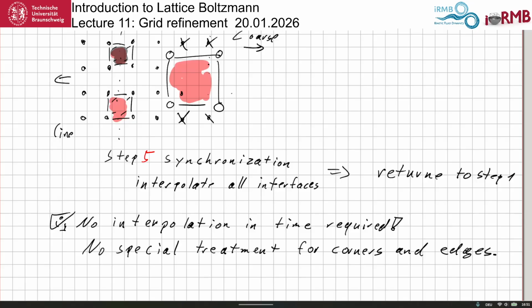But in the meantime, we have discovered a lot of problems with this kind of grid refinement. We were very satisfied with this, and this is why we didn't touch it for a long time. But nowadays, there would be time for another update and trying to improve this again.